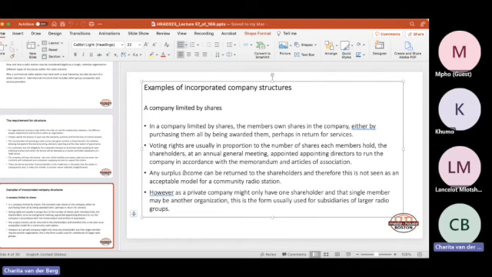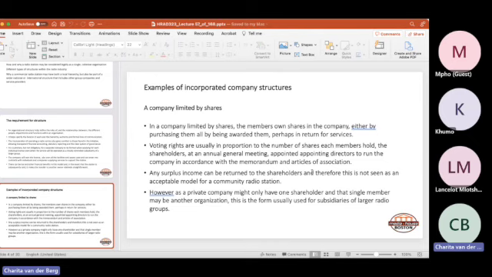So any additional income, surplus income, can be returned to the shareholders. So the shareholders can make money out of this, obviously, which is why they do it. And therefore, it's not seen as an acceptable model for a community radio station. So community radio stations don't run this way. It's commercial stations that will run this way. Community radio stations do not have shareholders, but they do have stakeholders and board members.